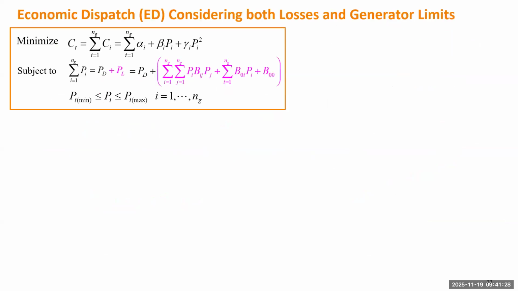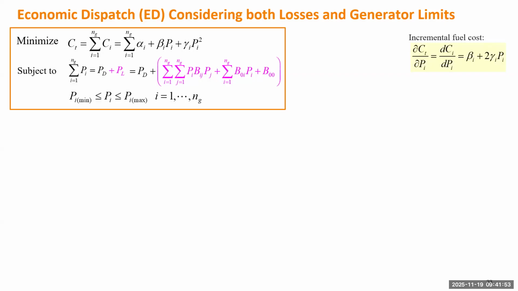Okay, so let's see how we solve this problem. Everything in this pink or magenta color will be about transmission loss. If you ignore any such thing, it goes back to the formulation for economic dispatch with generator limits but without losses. So we just add this transmission loss.